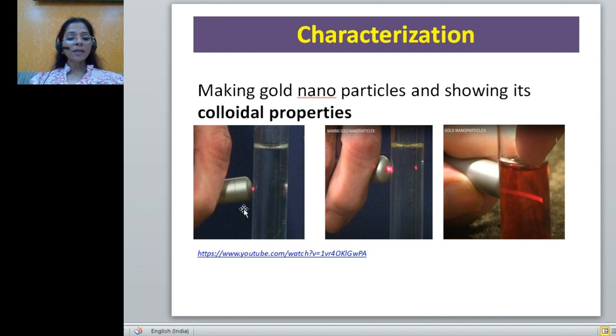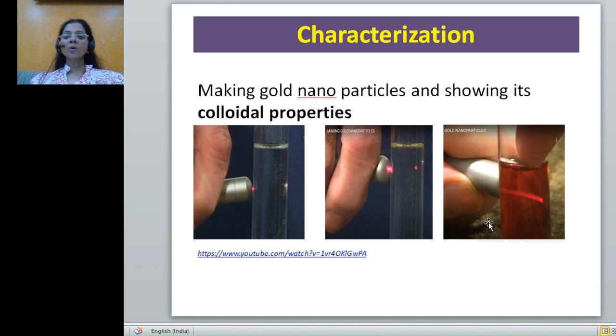So if I take a test tube and let the laser beam pass through it, I will only see two spots, one at the entry point and the other at the exit point. The path of the laser beam is not visible. Similarly, for the aurichloride solution, the path is not visible, whereas for the gold nanoparticle solution, I can see the path of light.